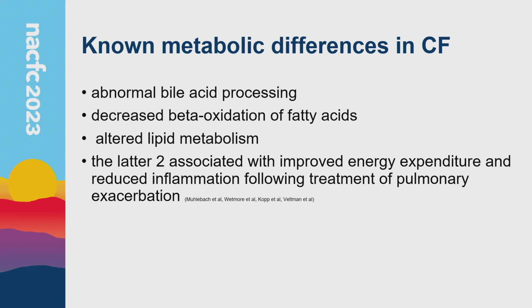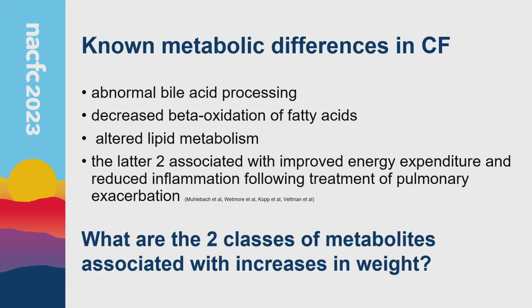And we know that the latter two tend to improve after you reduce inflammation, for example, after you treat a pulmonary exacerbation. Those things are associated with better energy expenditure, better energy production, and reduced inflammation, starting to bring this concept of inflammation and metabolism together.